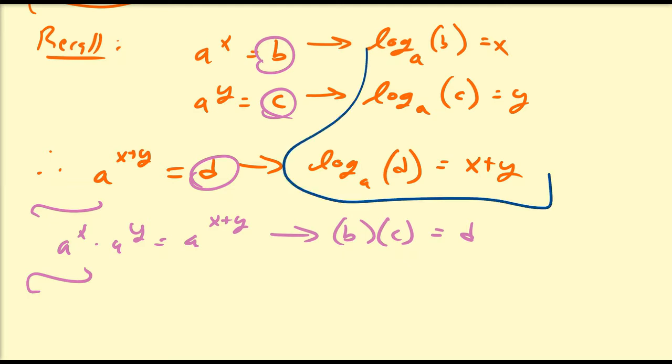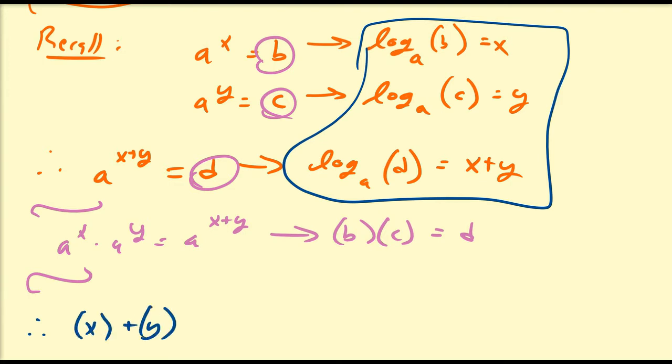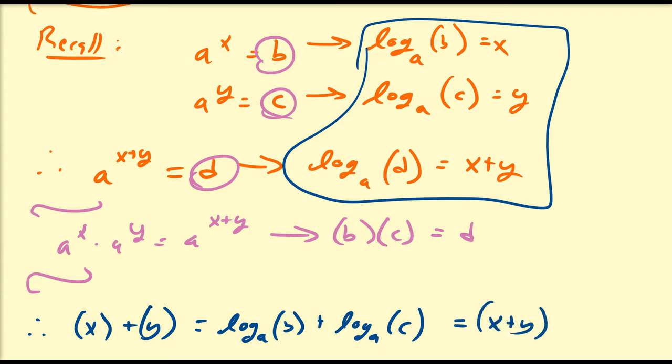So let's look at these three relations that we have here. So we know that x plus y, so x in this case is going to be log base a of b plus the log base a of c, and that's of course going to be equal to the quantity x plus y, which in this case is going to be equal to the log base a of d, right?